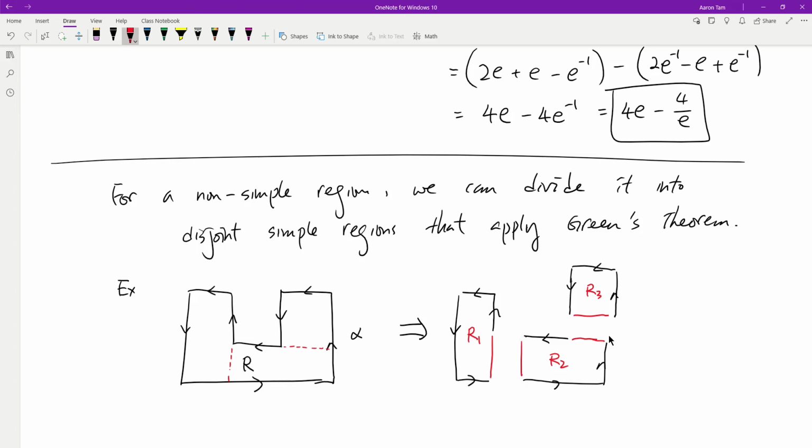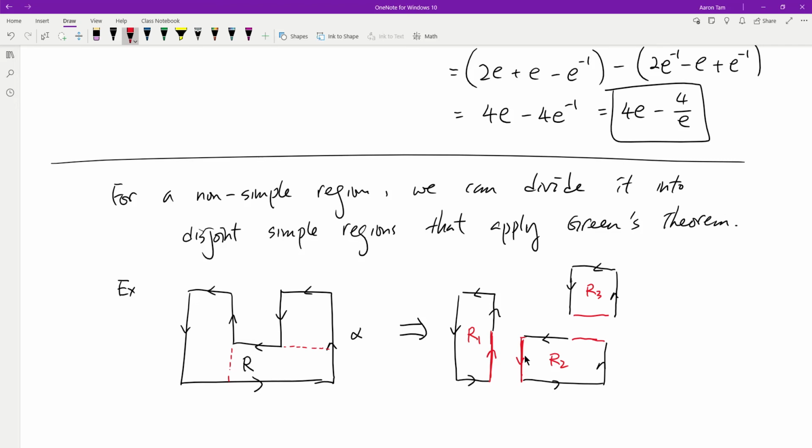More important is also to notice the following. Look at R1. This red line must be going in this direction to fit into the boundary for R1. But the same exact line that pulls off from R2 would be the same exact curve, but go in the opposite direction to fit into the boundary of R2.